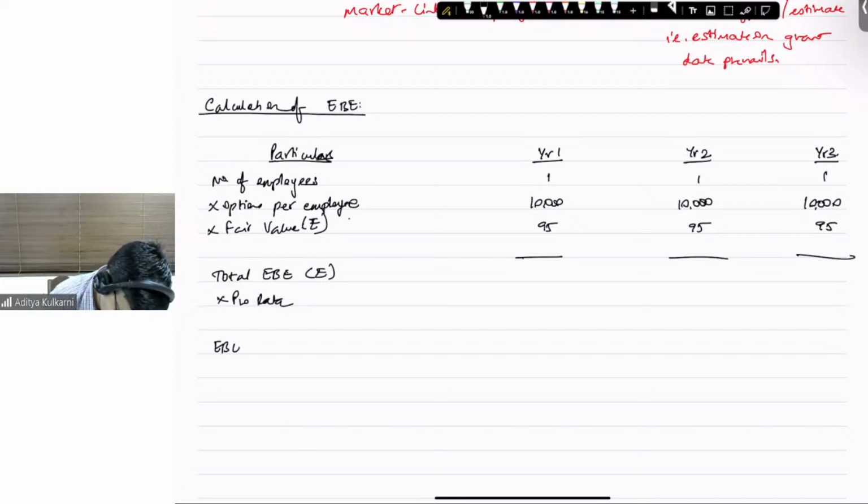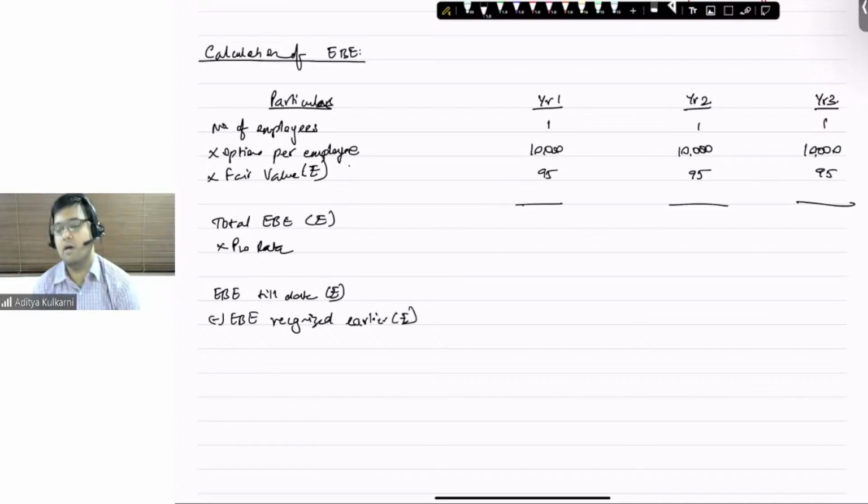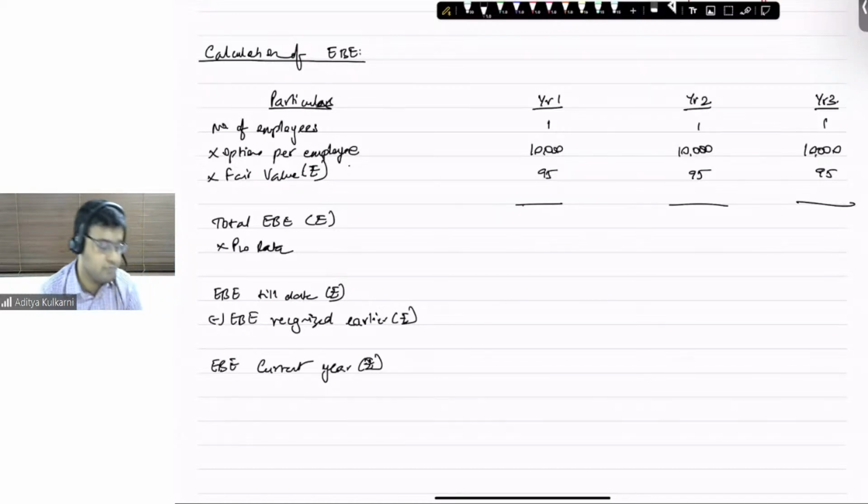This gives you EBE till date, less EBE recognized earlier. So that gives you EBE for the current year.